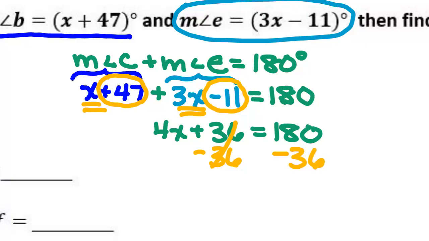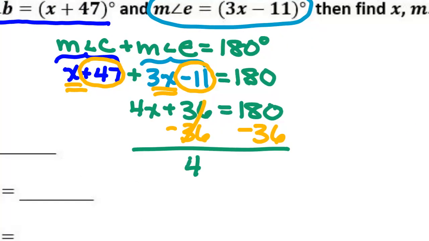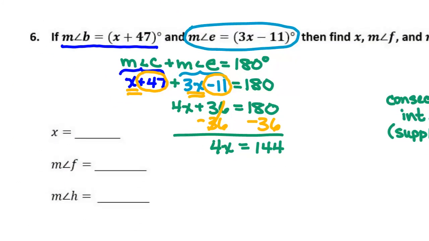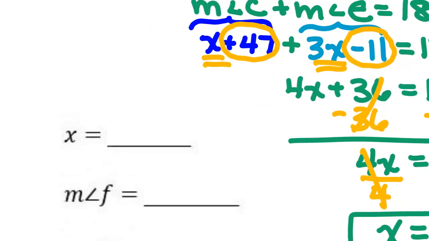What is 180 minus 36? 144. And then we divide both sides by 4. And what do we get? 36. So that's the first thing we were supposed to find.